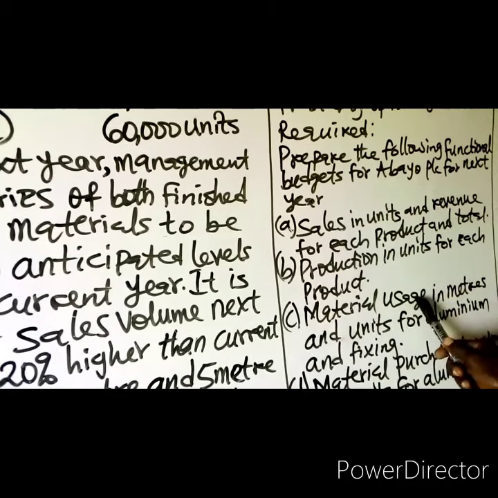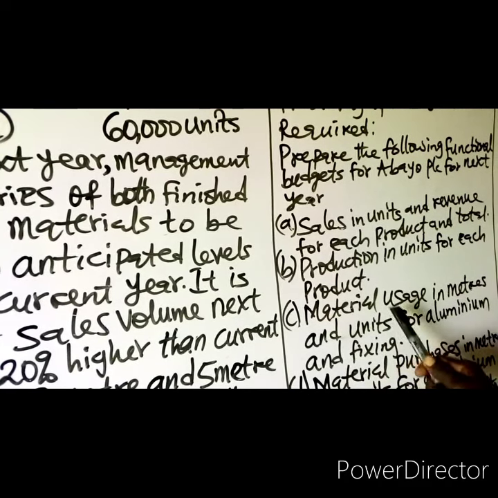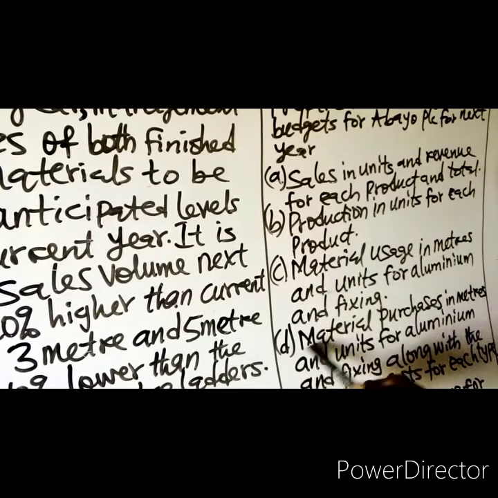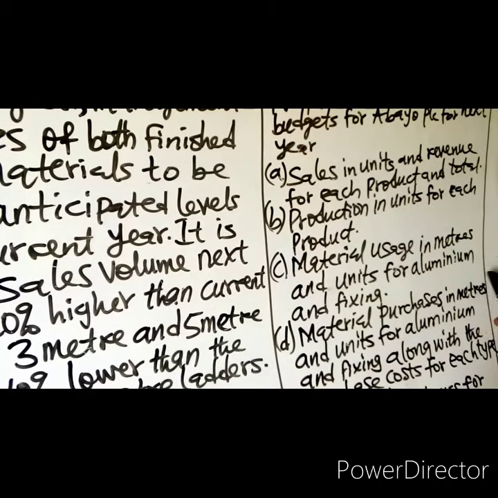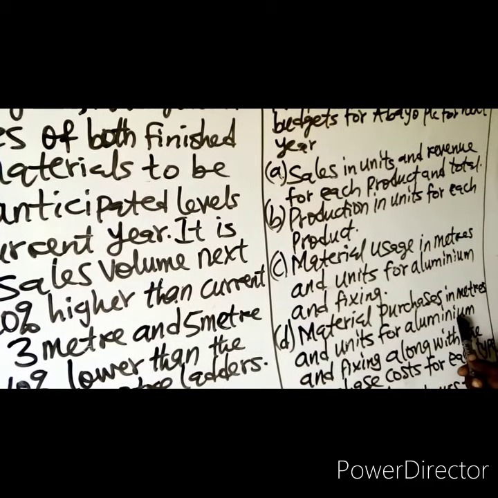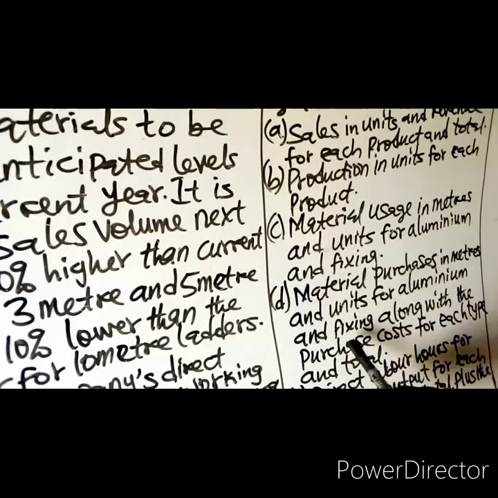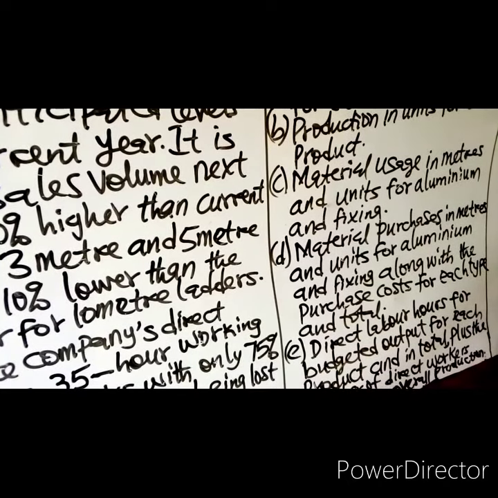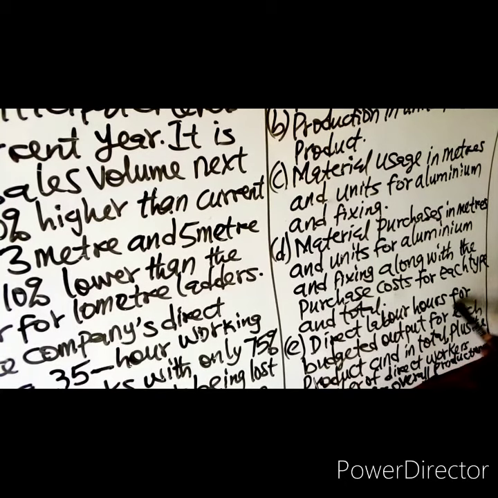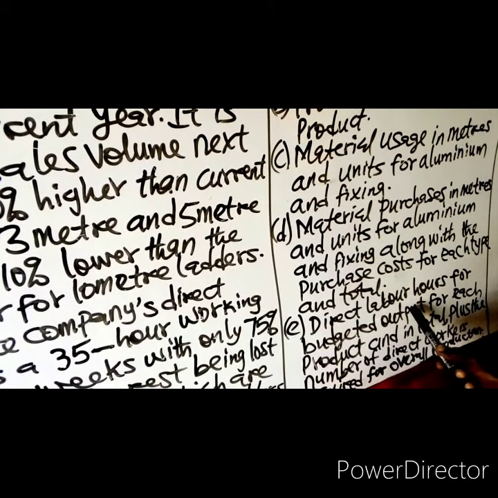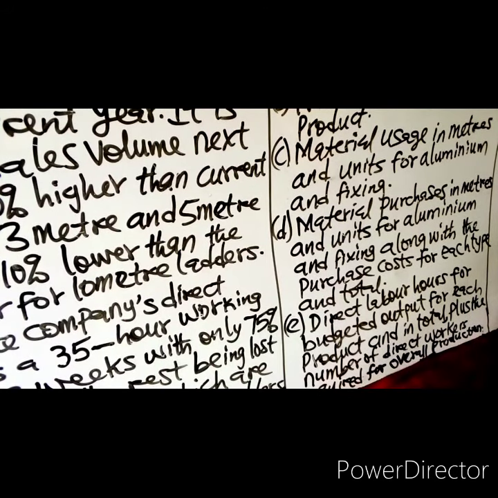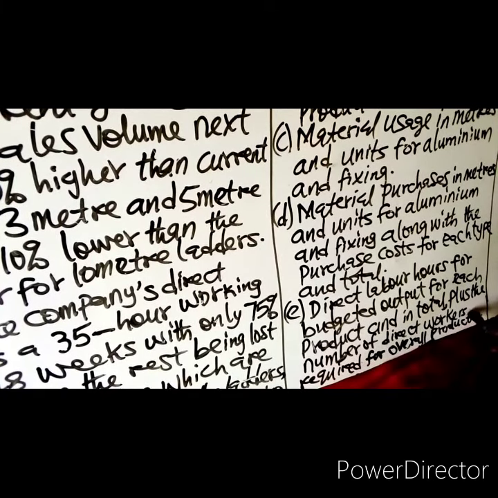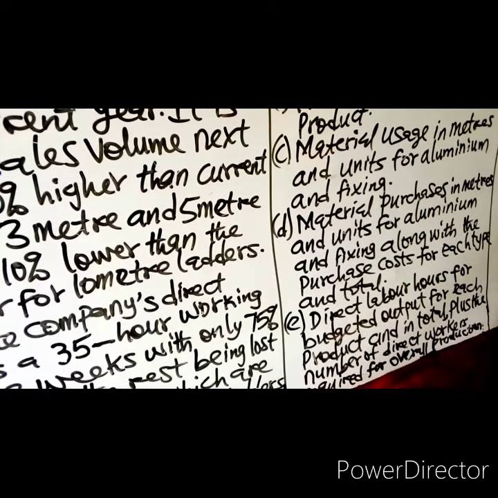C. Material usage in meters and units for aluminum and fixing. D. Material purchases in meters and units for aluminum and fixing, along with the purchase costs for each type and total. E. Direct labor hours for budgeted output for each product and in total, plus the number of direct workers required for overall production. That is the question, then the solution.